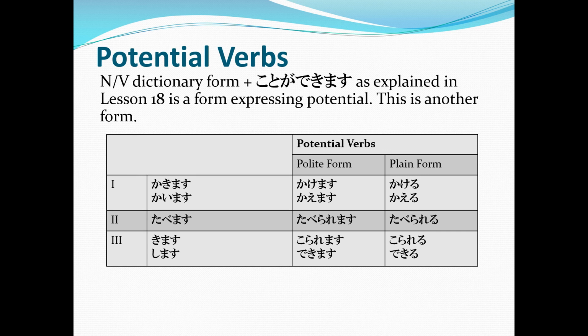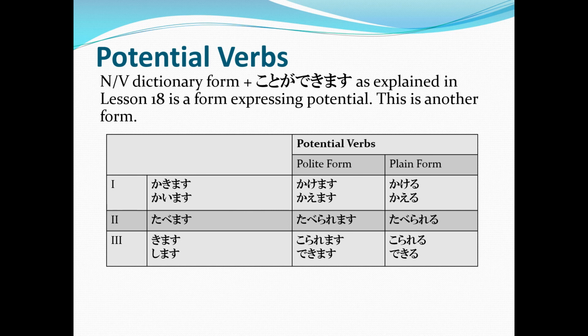For example, kakimasu. The sound before the masu is ki, so change it into its e counterpart, which is ke. So kakimasu, to be a potential verb in its polite form, will be kakemasu, which means can write.